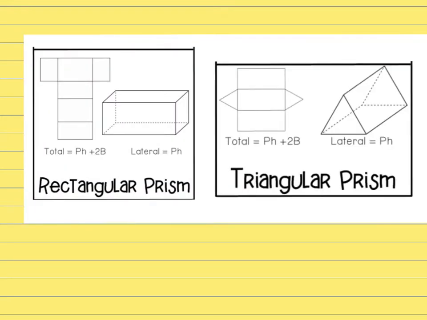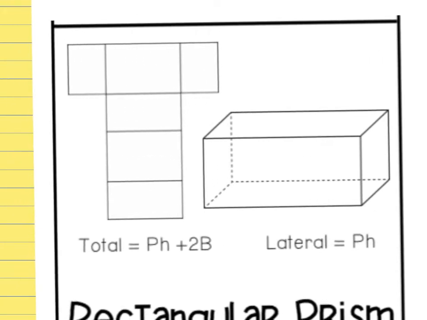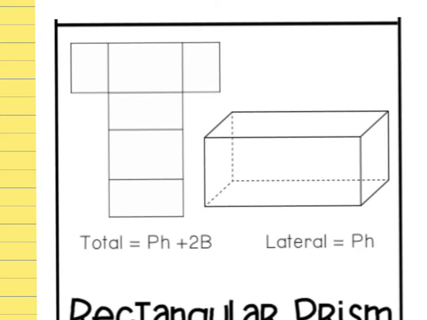So on this page, what we want to look at is what does the shape look like in a 3D perspective, and what does the shape look like as a net when it's unfolded and just flat. I'm going to zoom in and I'm going to trace over the pieces that I'm talking about. So first of all, capital letter P was supposed to represent perimeter of the base. A prism always has 2 bases, but we just want the perimeter of one base.